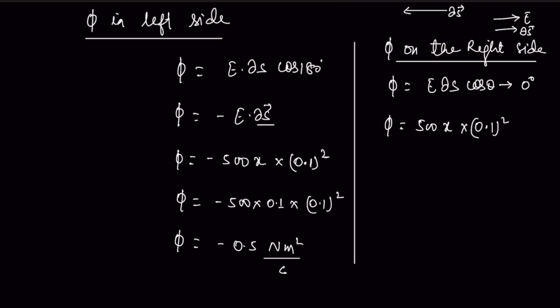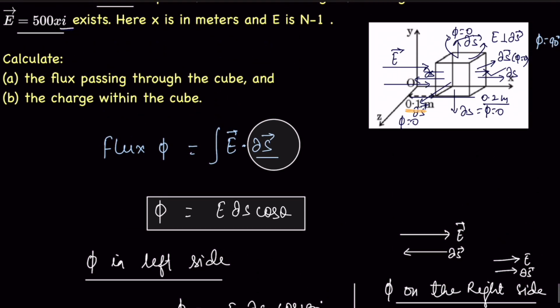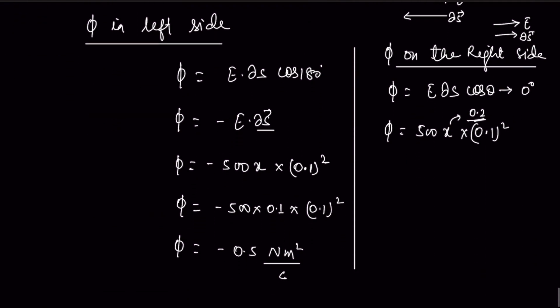In this case, x will come as 0.2. Why is it 0.2? Because this distance is 0.1 and the side is 0.1, so the total is 0.2 meter. Now flux is equal to 500 into 0.2 into 0.01. So flux is equal to 1 newton meter square per coulomb.